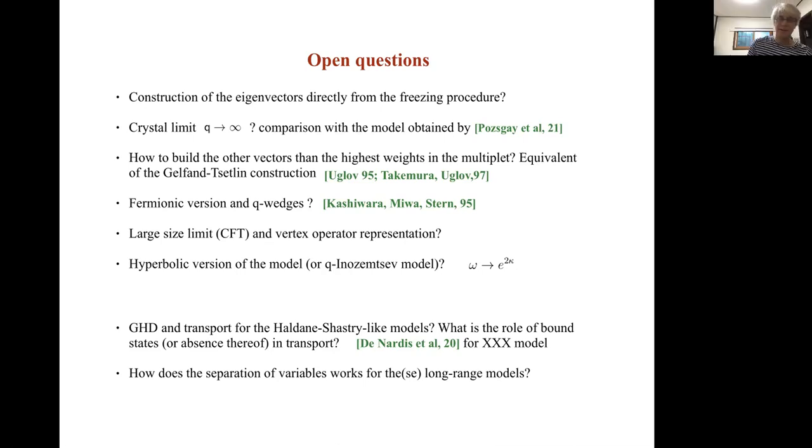Hi, Didina. Thanks for the nice talk. Since you went back to these long-range models, I was wondering, do you see anything here which we might, in the end, be able to recycle into ADS-CFT and really make this long-range spin chain picture live for ADS-CFT?